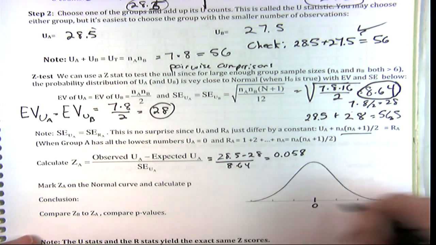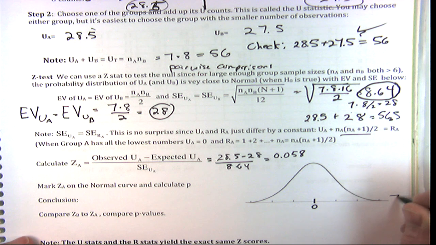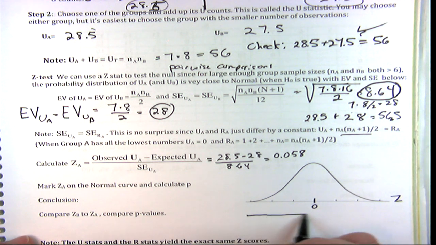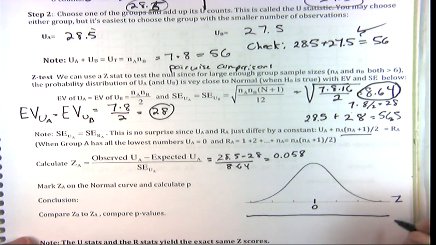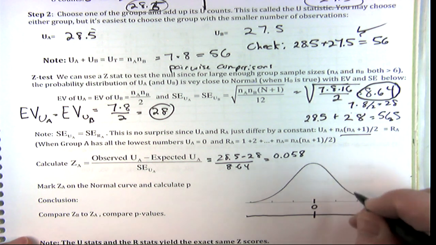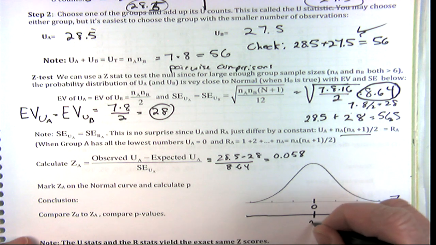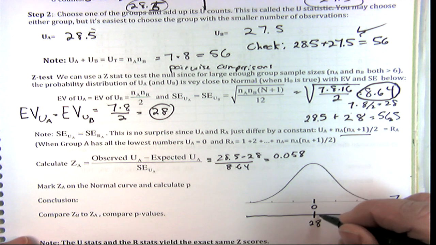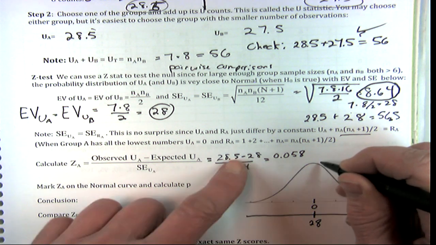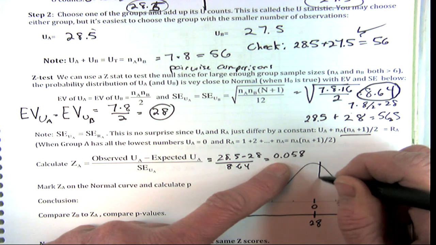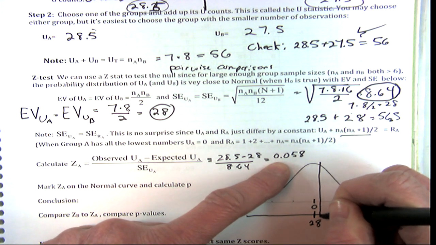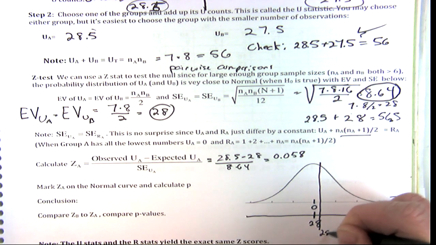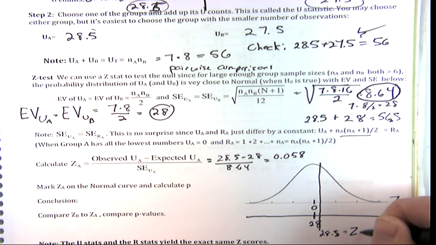The picture's just a little simpler because here you have Z, and here you have the expected value for both of the U's. The expected value is the same, which is 28. And UA is right here at 28.5, a tiny little difference.